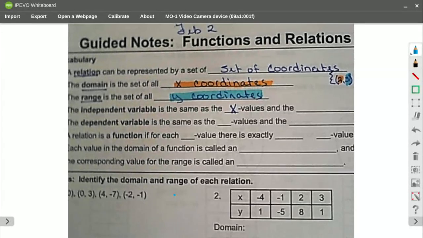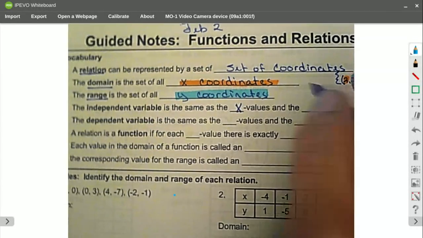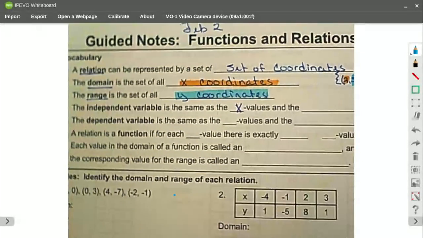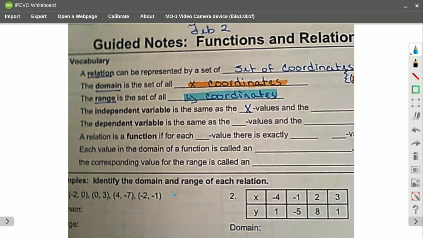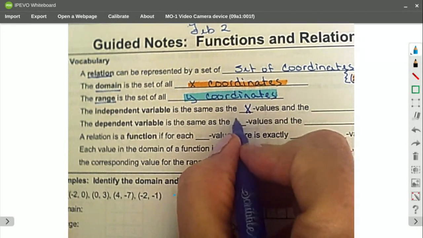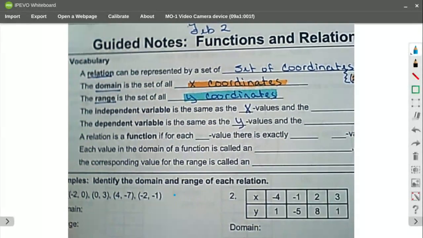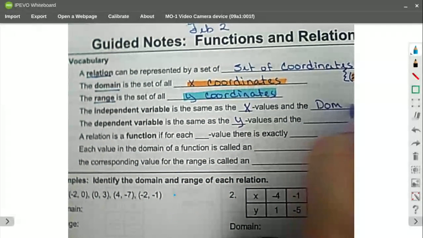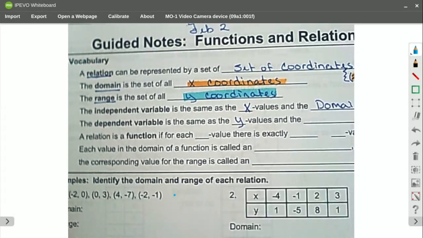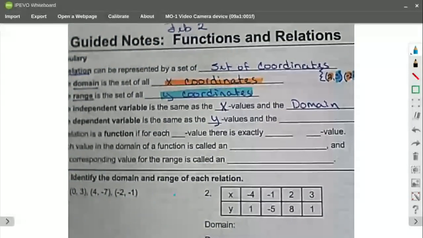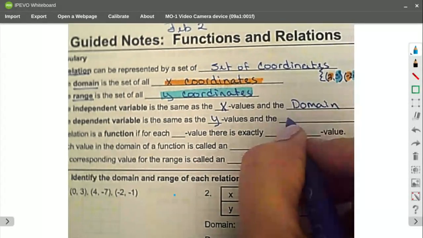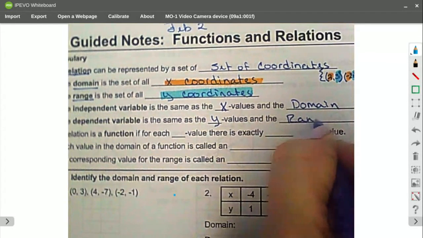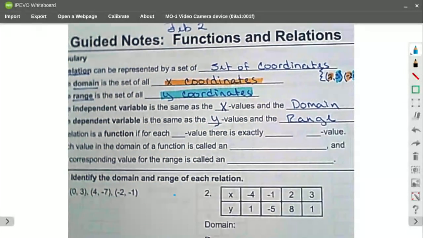So that makes x my independent, and the dependent is the same as all y values. What's that other word for my x? Domain. And that other word for my y is range.